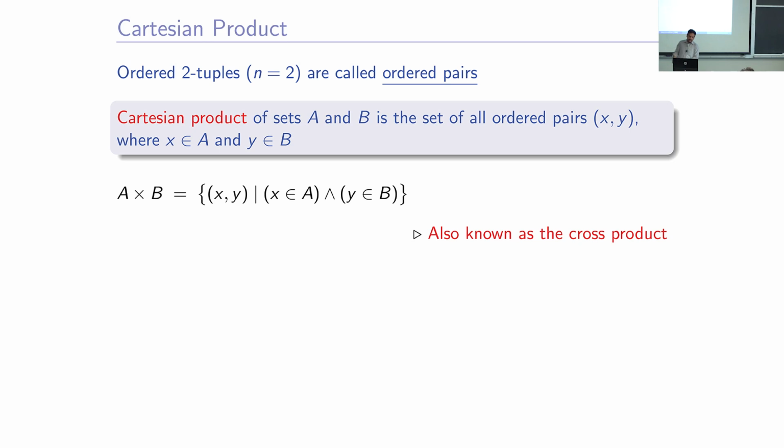We have a proper order there. So A cross B is all ordered pairs (x, y) such that x is in A and y is in B. The first element comes from A, the second element comes from B. It's also called the cross product or the Cartesian product.